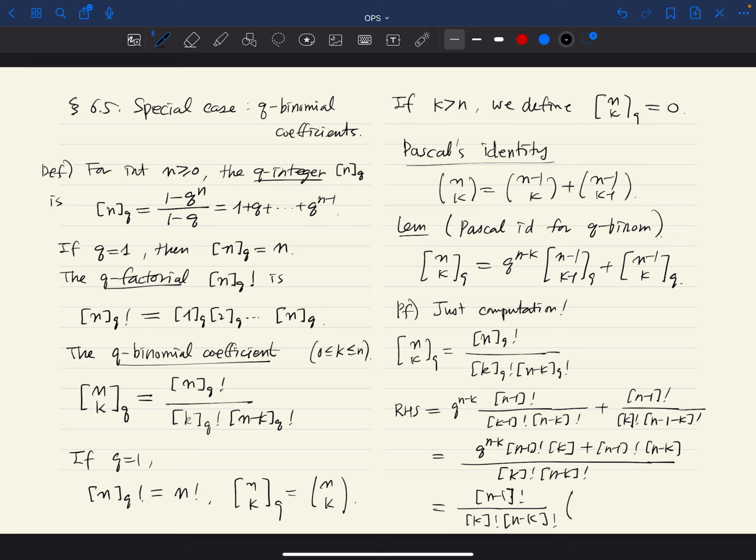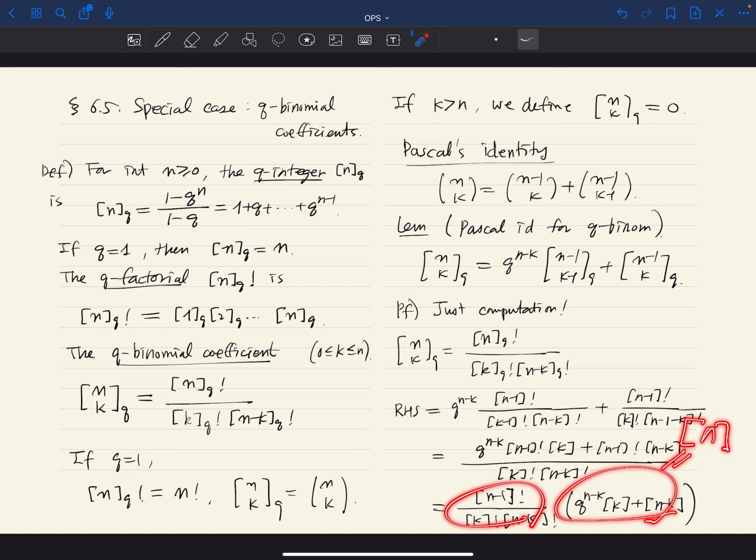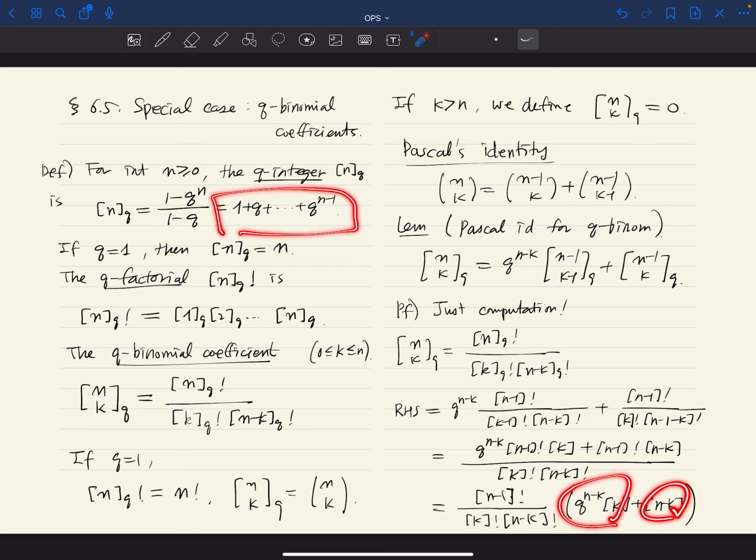And now let's see what's the remaining thing. We want this to be equal to n, because that will give us exactly this. If you think about the definition, this one is like 1 plus q plus dot dot dot q to the n minus k minus 1.